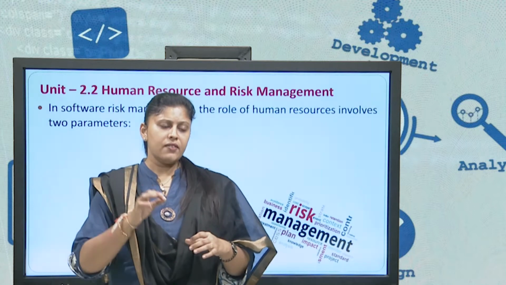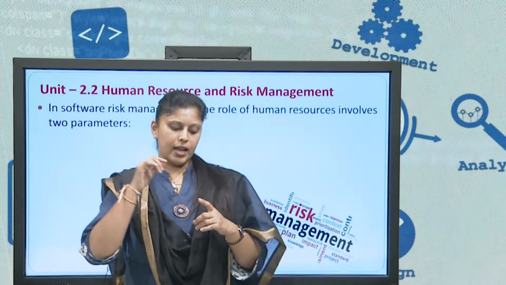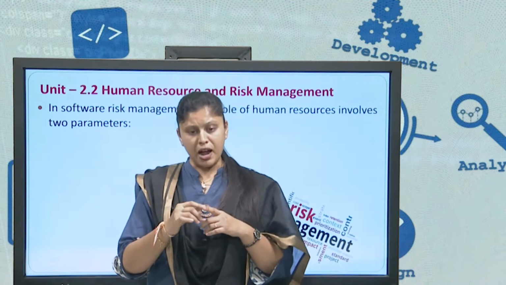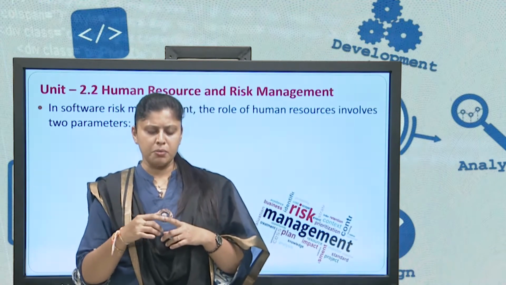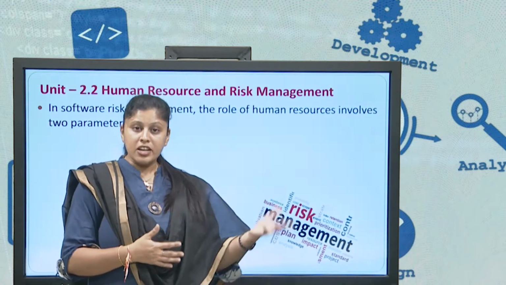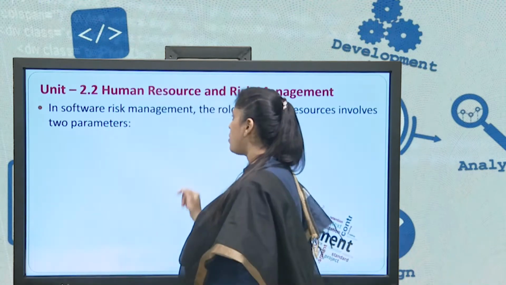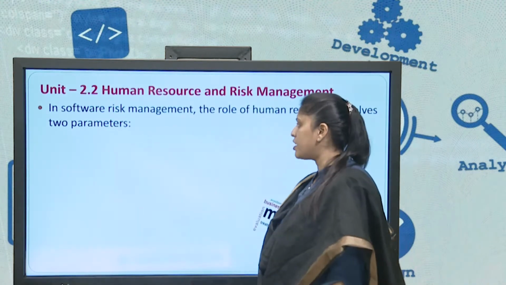No, it includes the entire human resource that you have. That includes your management department, your technical department, your software department, or maybe your managing department. All that comes under human resource. So, let us see what the human resource and risk management aspects are.